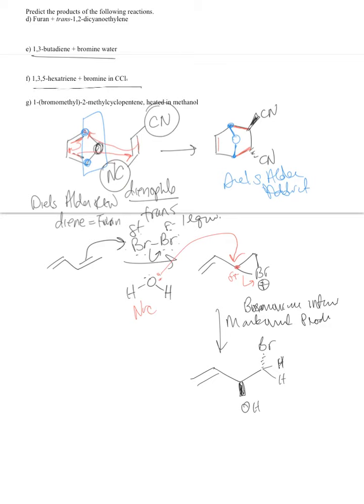Okay, so the next one is bromine and tetrachlorocarbon. So 1, 2, 3, 4, 5, 6 hexatriene. Okay, we're just going to do one equivalent here. This time we don't have a nucleophile because that's a solvent. It's a very inert solvent.